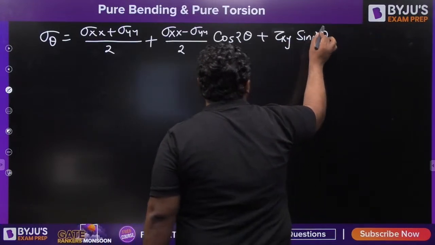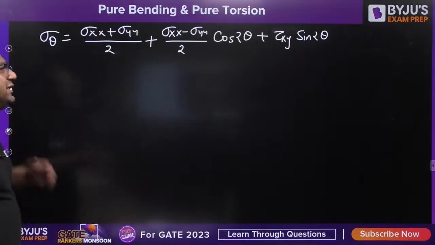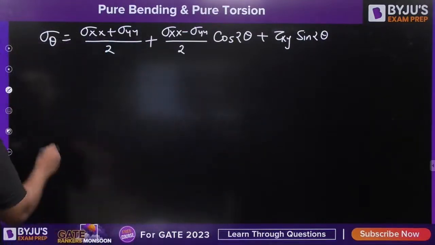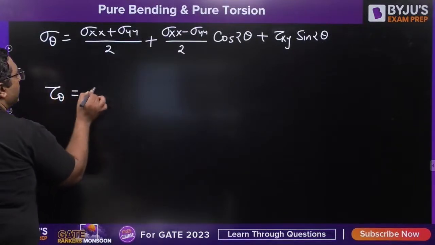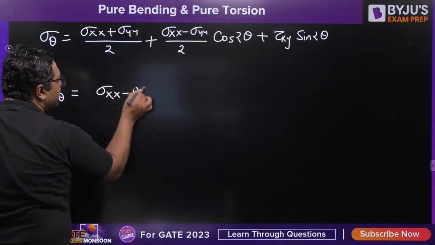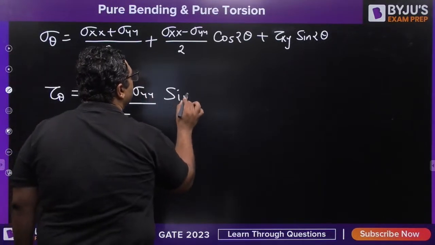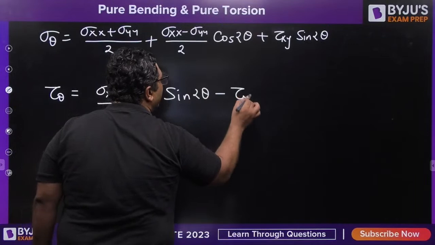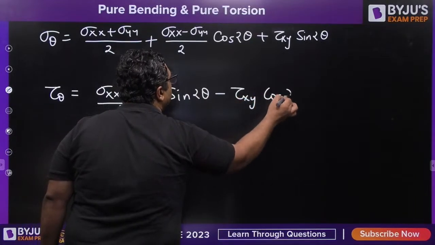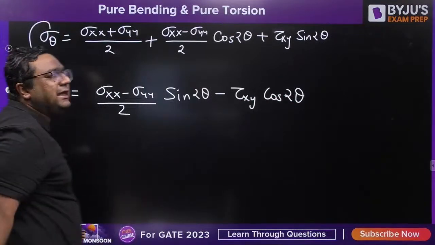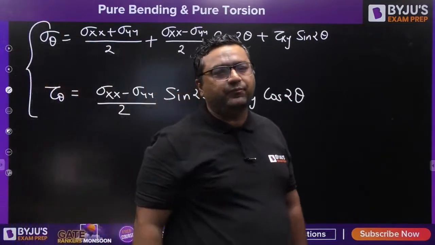You know theta is 25, tau xy is 26, okay? So in that way things are given to us. What is tau theta? It is sigma xx minus sigma yy by 2 sin 2 theta, minus tau xy cos 2 theta. These formulas are valid only when theta is anti-clockwise to the x face.